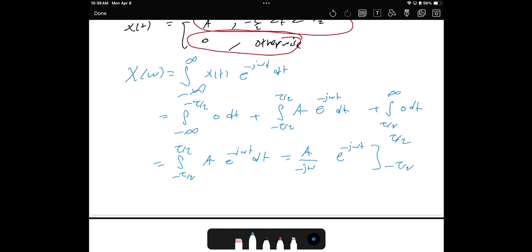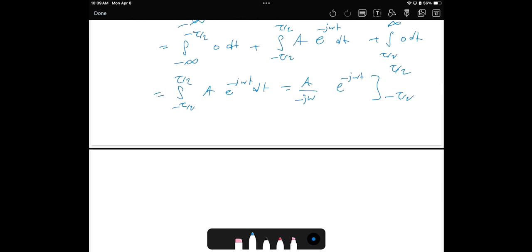So substitute it. It will be A over negative j omega, times e to the power negative j omega tau over 2 minus e to the power j omega tau over 2.